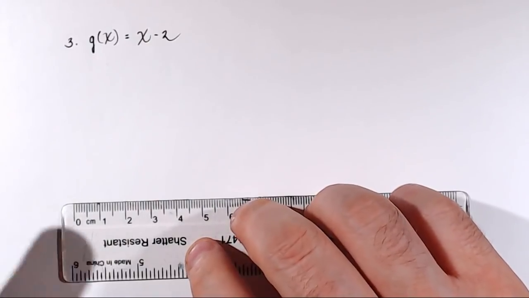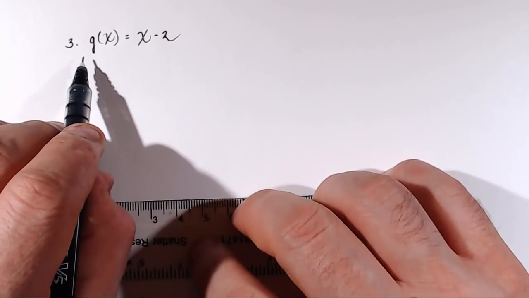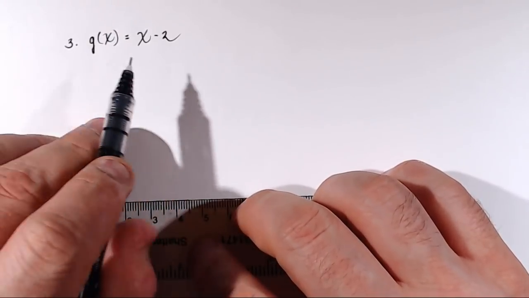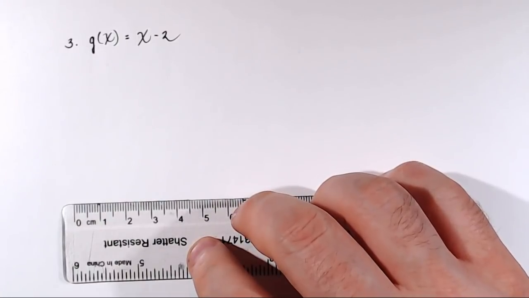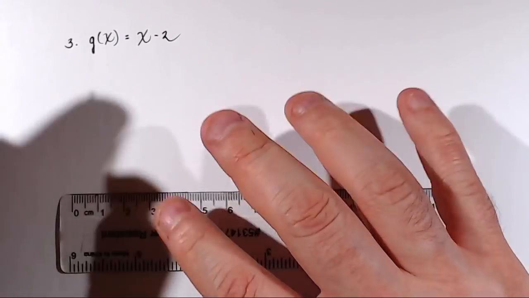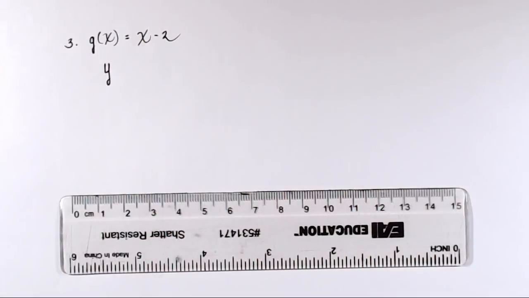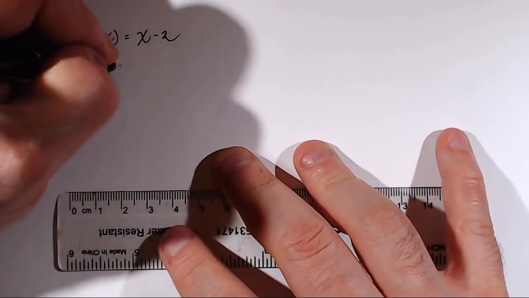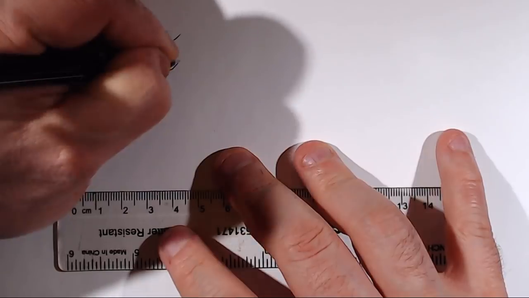Well, the very first thing we do is, whatever this is, g of x, f of x, r of n, m of p, it doesn't matter, just drop that function notation for a moment. Just drop it and write y. This isn't strictly required, but it's much, much easier. So write y and then put equals x minus 2.